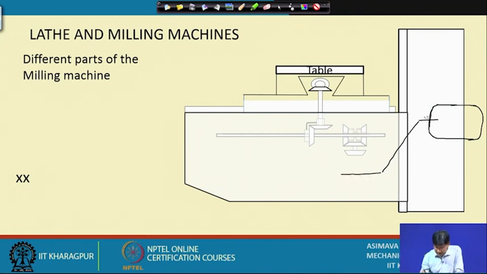And basically, what is the concept? We have to bring power to this member, because we have seen that it moves up and down. How does it move up and down? It derives power from a motor. Where is that motor? It is here.